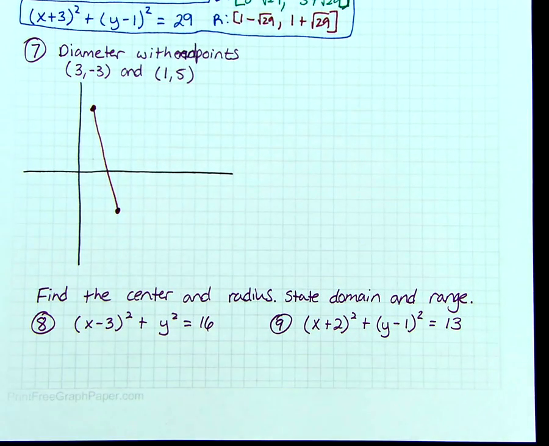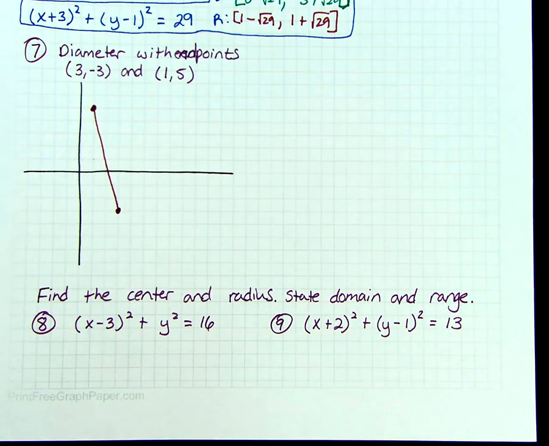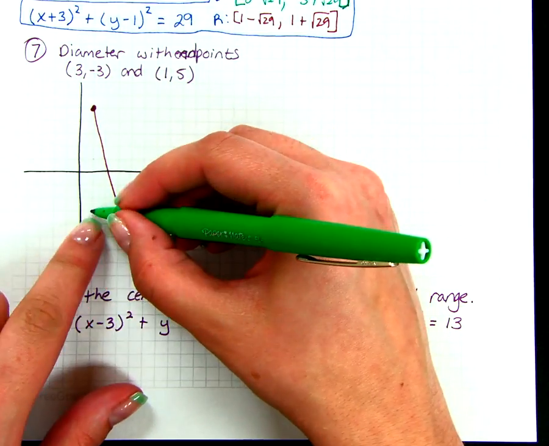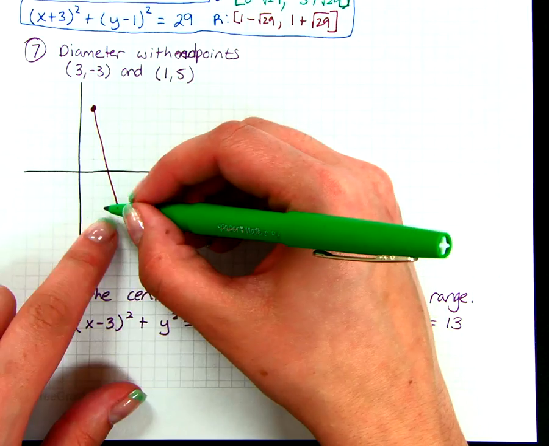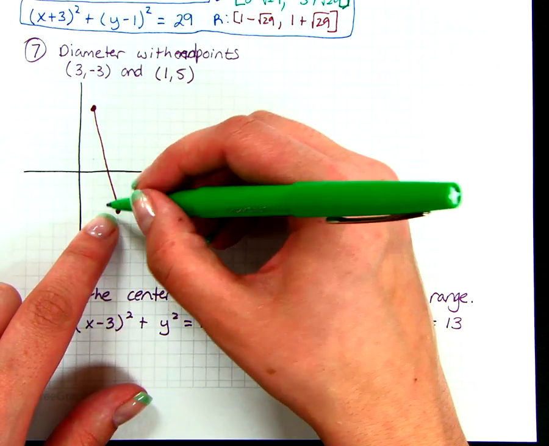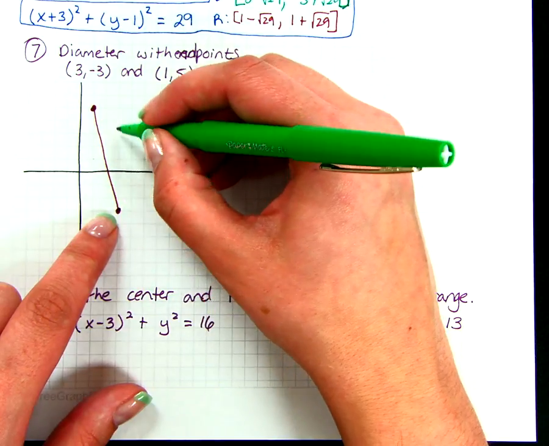So we need to find the center before we do anything else. To find the center, it has to be in the middle of this line. So what we can do is just find the midpoint. So we're going over 1, 2 spaces. Okay. So that means my midpoint has to be somewhere on this line. And then if we go up, 1, 2, 3, 4, 5, 6, 7, 8.